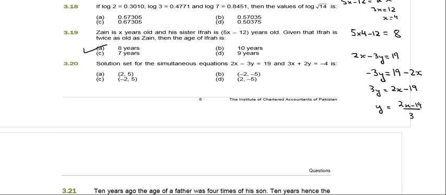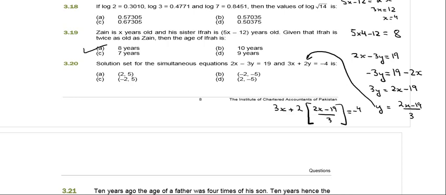Now we can substitute this into our second equation. When we do that, it will be 3x plus 2 times (2x minus 19 divided by 3) is equal to minus 4.